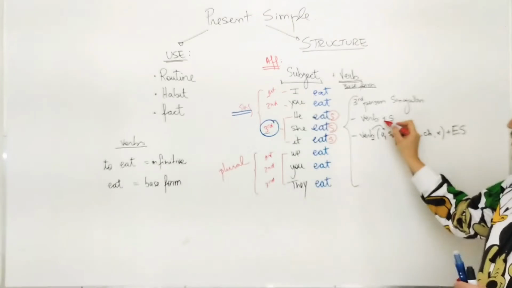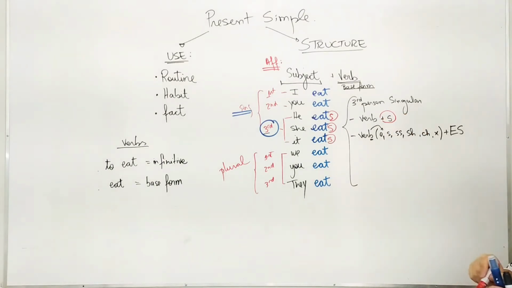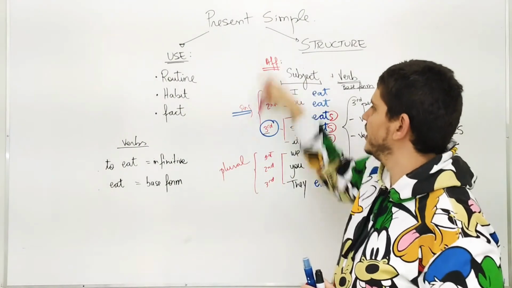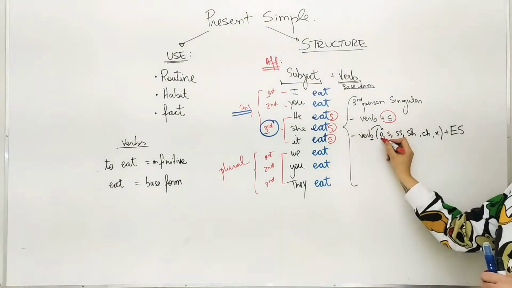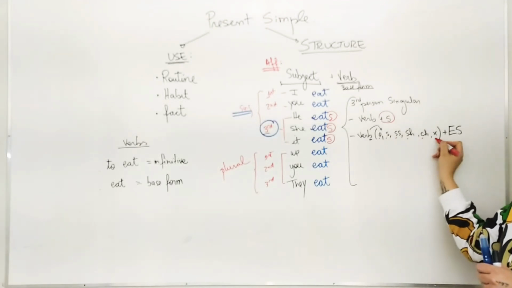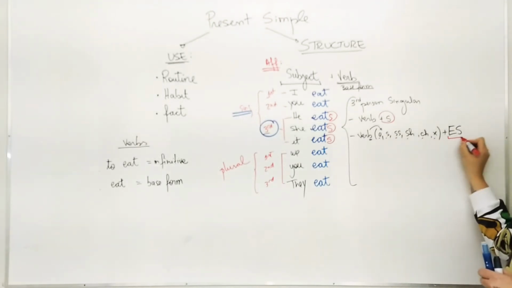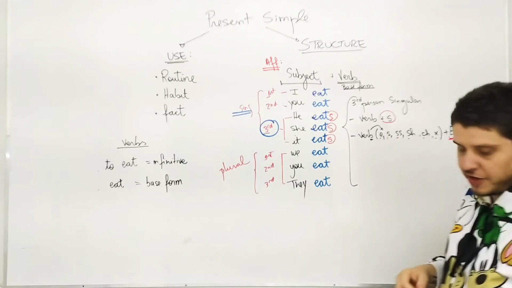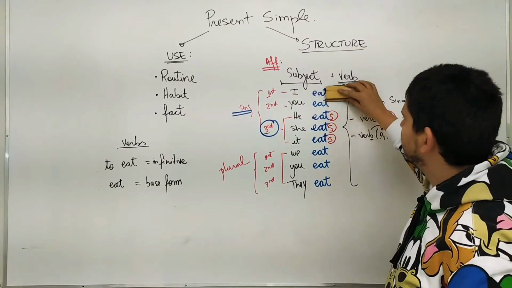So if it's a normal verb, we just add s. If it's a verb for the third person of singular, and it finishes in O, S, SS, SH, CH, or X, we add es.